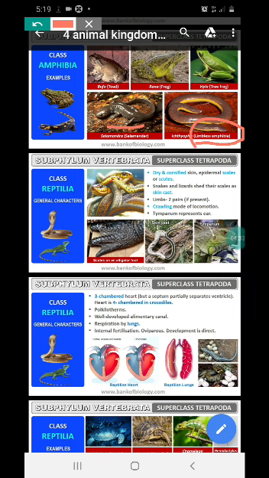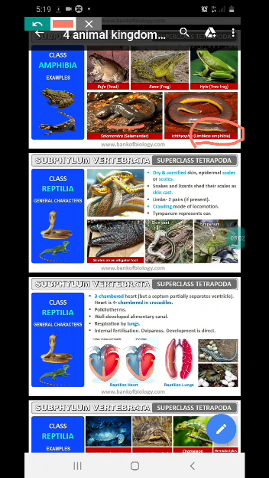Now coming to the next class, reptiles or Reptilia. These are the organisms which are completely developed to live on land. There are exceptions under each category, children. Amphibians are land living but need the presence of water.